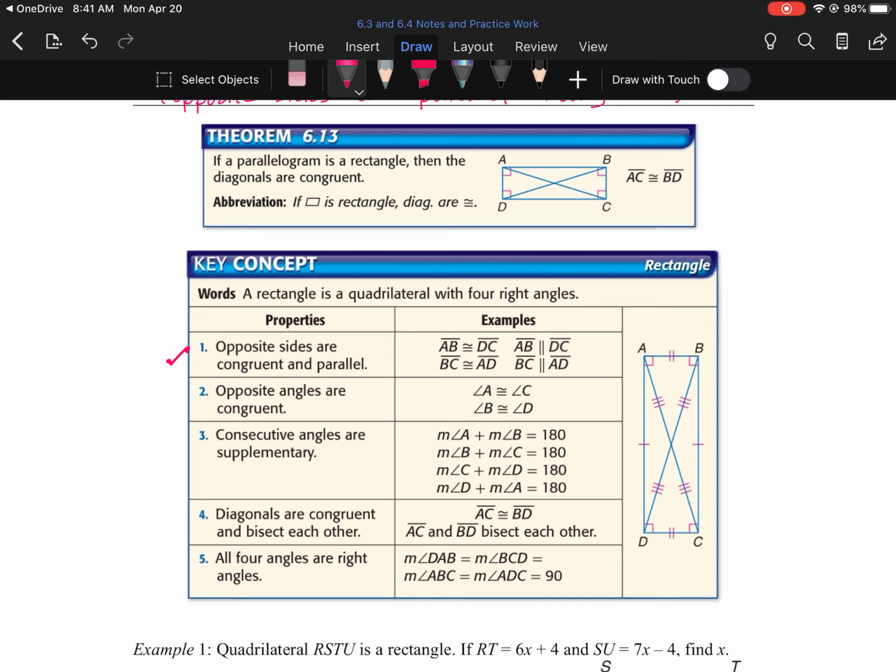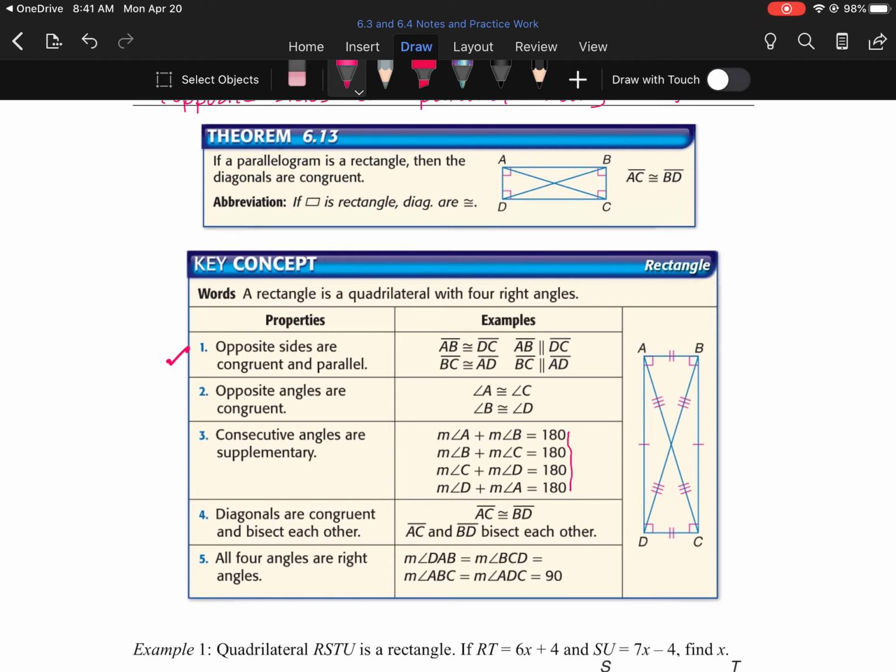Opposite angles are congruent. We know that consecutive angles are supplementary, so you notice that's 180. Diagonals are congruent and they bisect each other.